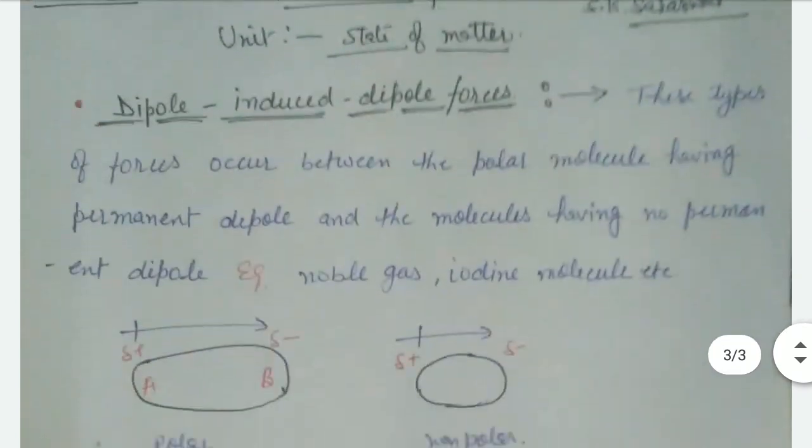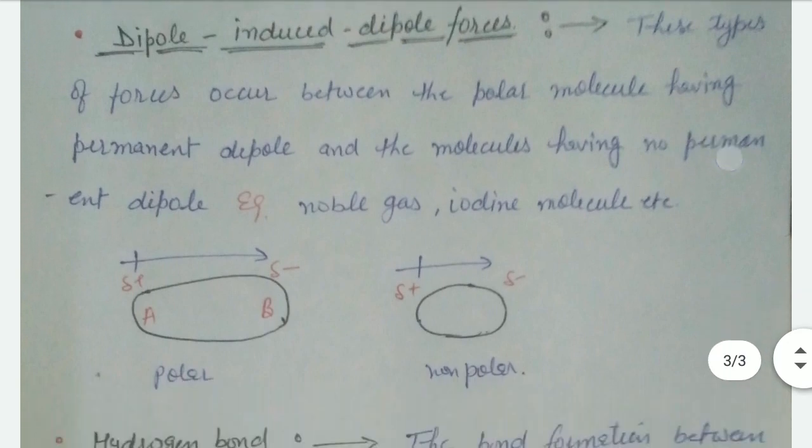Third is the dipole-induced dipole force. This type of force occurs between molecules where one is polar and the other is non-polar. Non-polar molecules produce an induced dipole, while dipoles are formed by polar molecules.